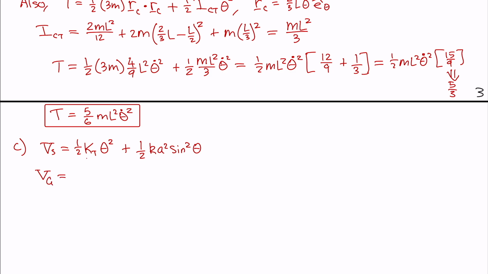So Vg here for our center of mass is going to be equal to the total mass, 3m times g, times the vertical displacement of the center of mass, which is going to be 2/3 L times sine theta. Such that our gravitational potential energy is 2mgL sine theta.